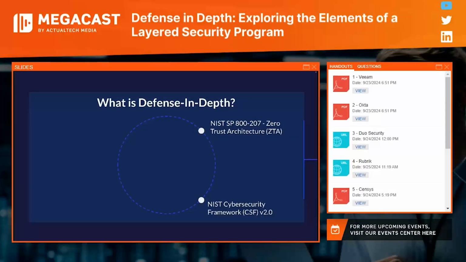The NIST Cybersecurity Framework uses 6 pillars to define key areas of focus for cyber resiliency: govern, identify, protect, detect, respond, and recover.